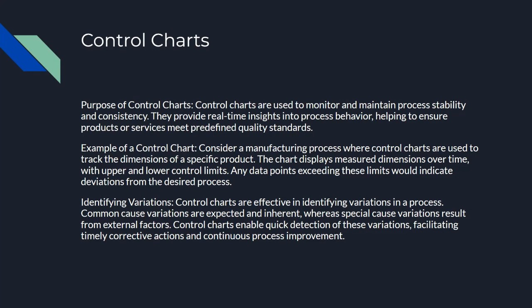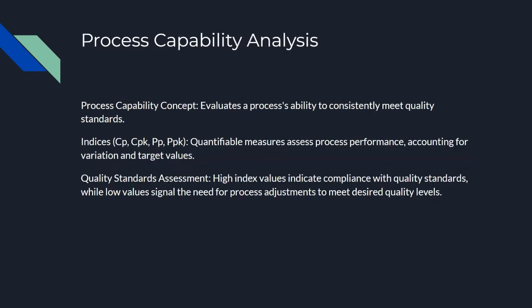And now we're going to go on to process capability. So this looks at a process's ability to meet the standard and actually keep up performance and not fall behind. It uses indices like Cp, Cpk, Pp, Ppk, and these actually do the assessing of the performance and looking for the variation and the target values.